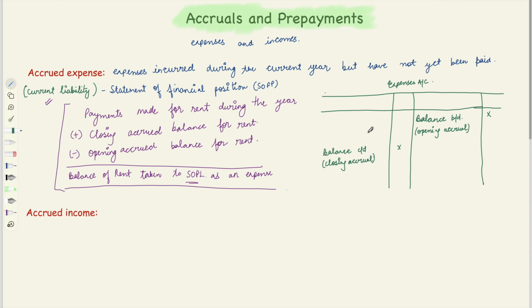After that, you will be taking the payments that you have made for the expenses. Whenever you make a payment, the journal entry for that is going to be bank credit and expenses account debit, because expenses are always debited. So what is it? Journal entry for payments of expenses.